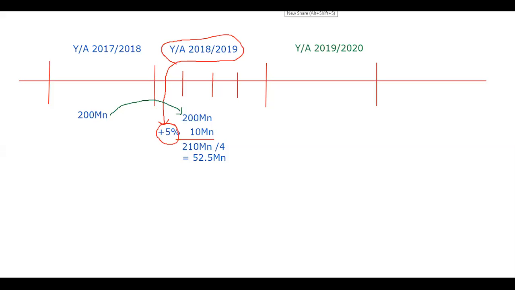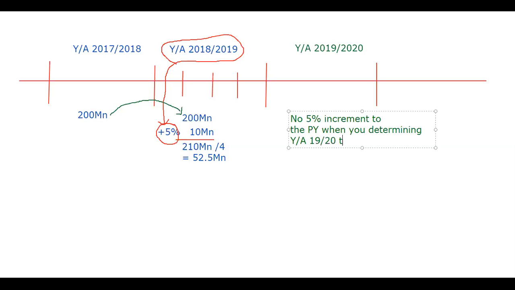No 5% upliftment to the prior year when determining the year of assessment 2019-20 quarterly installments.